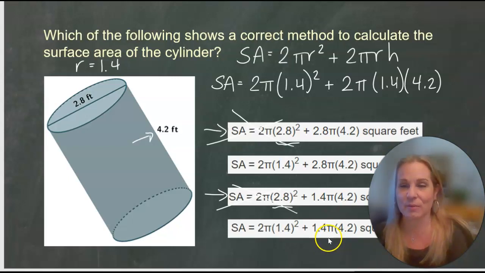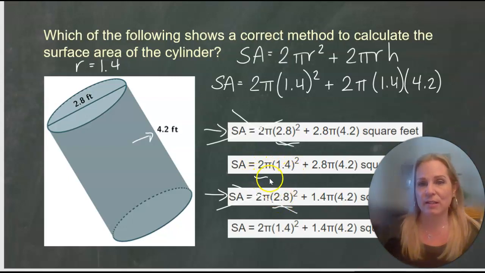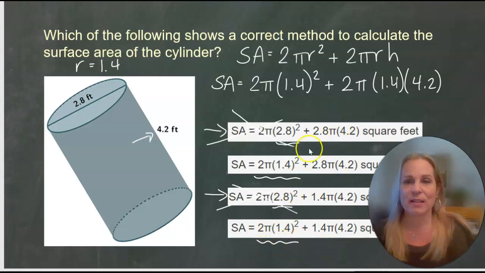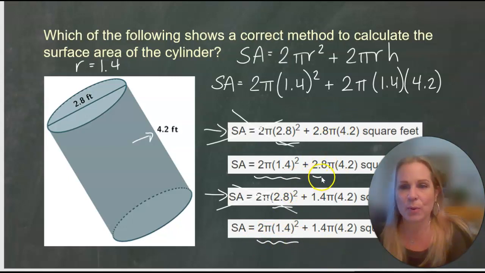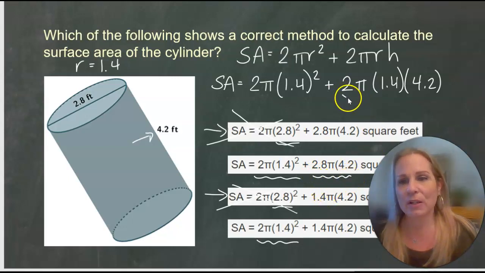It's kind of hard to tell, right? So we've got 2 pi r squared. So the beginning is correct. This part and this part are correct. Then this says 2.8 pi times 4.2. And you might be looking at ours going, well, we don't have a 2.8, so it can't be that one.